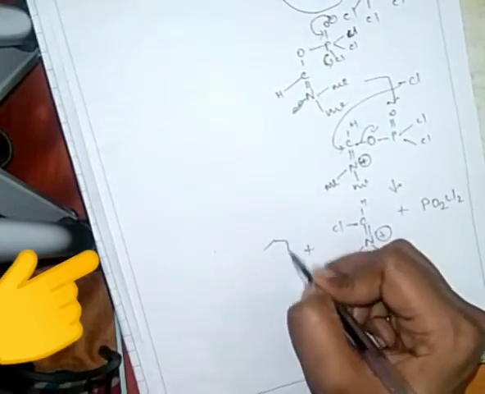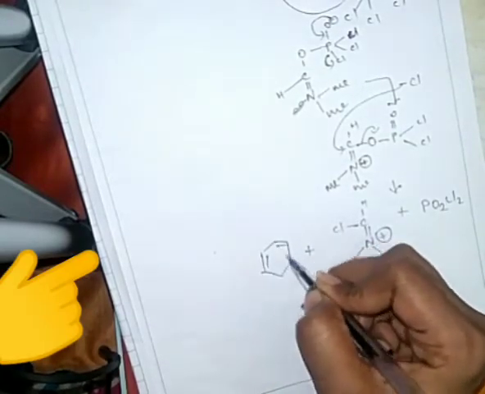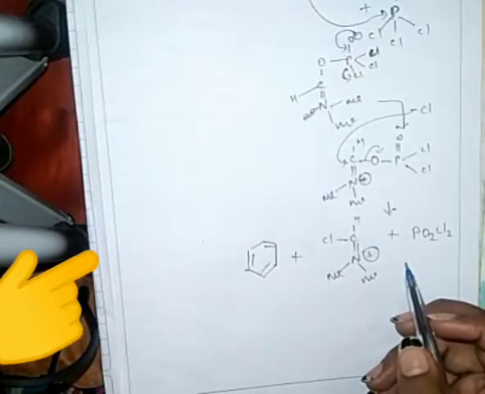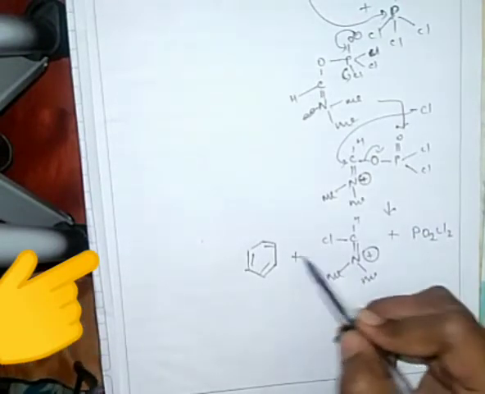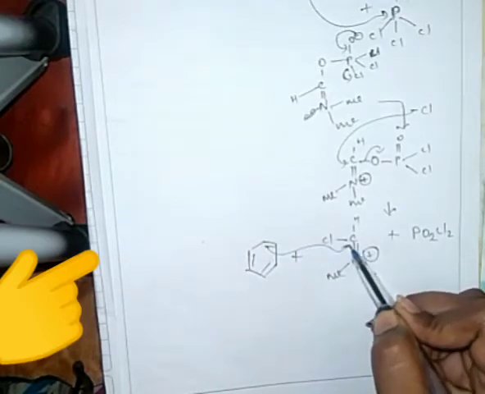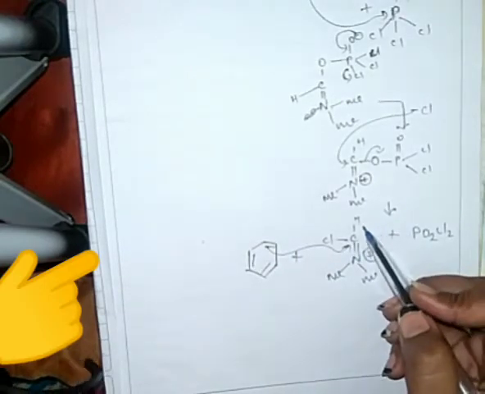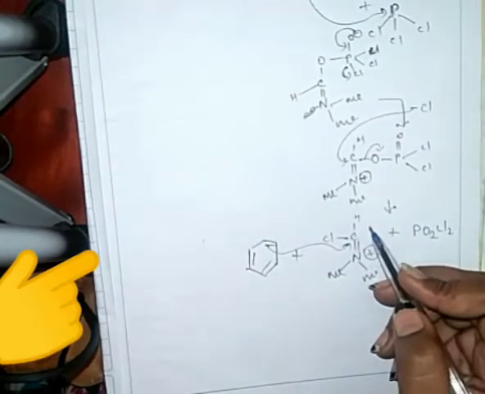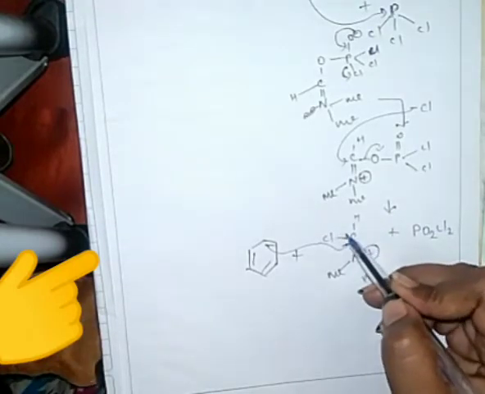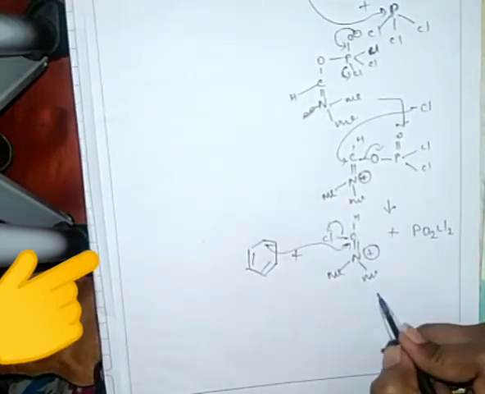On the next step this is reacted with the benzene ring. The pi electron of the benzene ring attacks on that carbon and again chloride is removed from there.